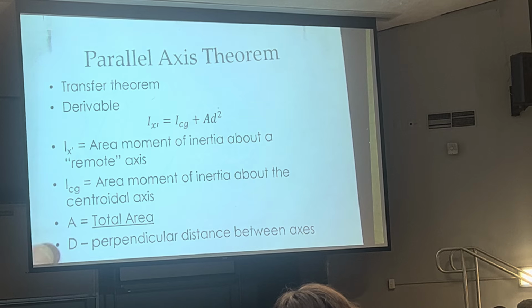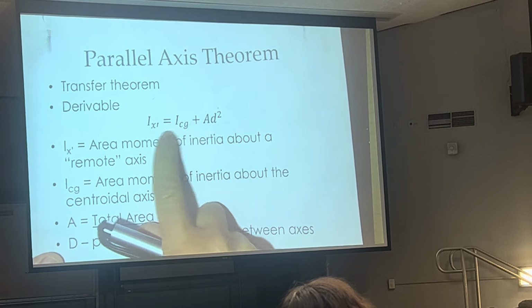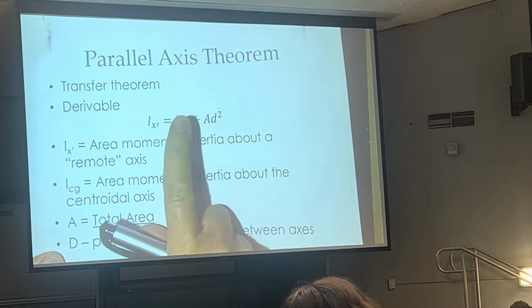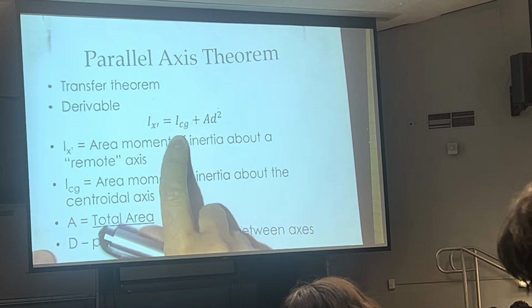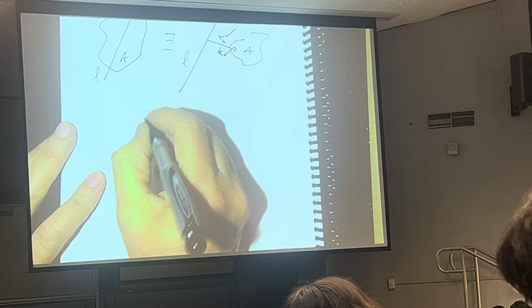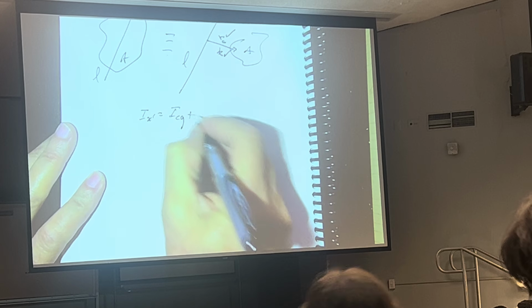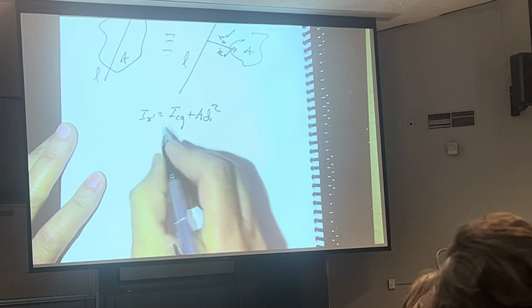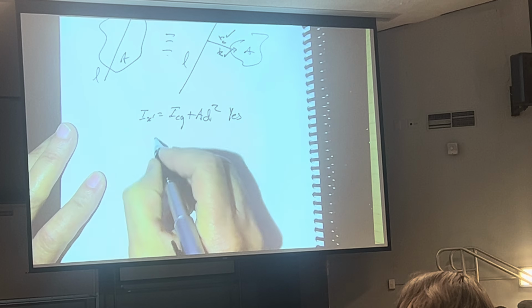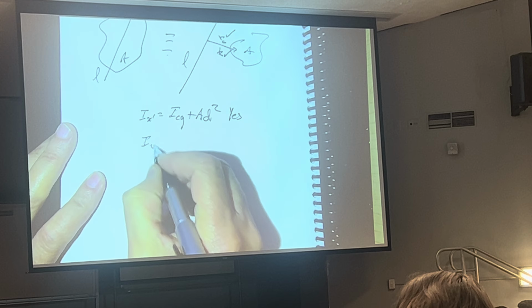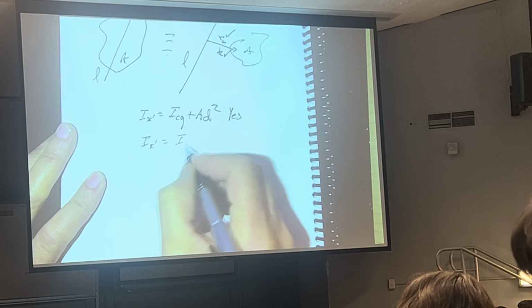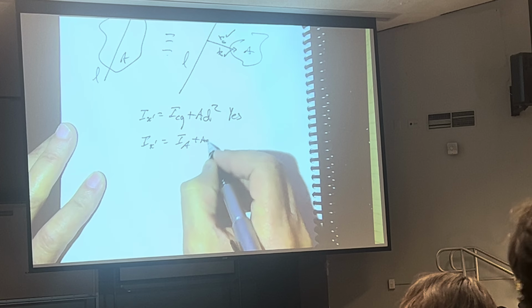Now, it is very important you understand something. This says ICG. It's very specific in what it says. So I can say IX prime is equal to ICG plus AD squared. Yes. I cannot say IX prime equals I about some axis A plus AD squared.